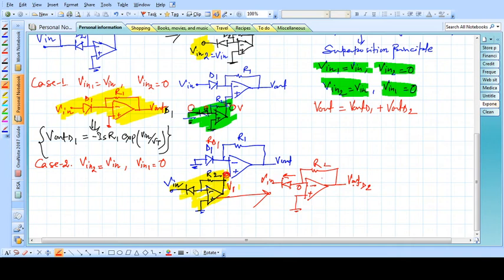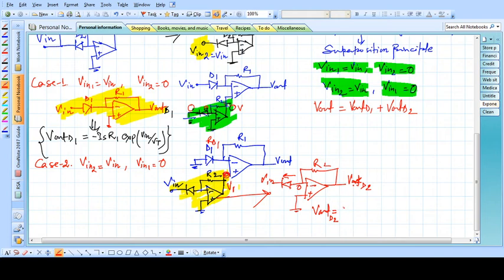So the corresponding output voltage, if you find, just opposite to this one will come. If we find by using the same concept of the exponential function, V output of D2 will be very similar to this one, but there should be a negative sign. Tell me what should be the answer?